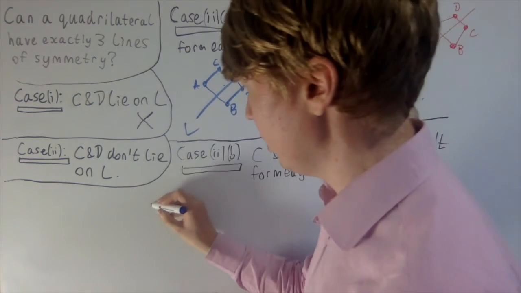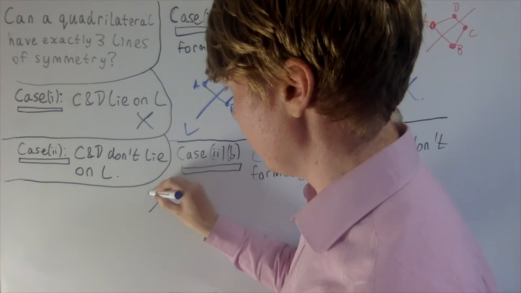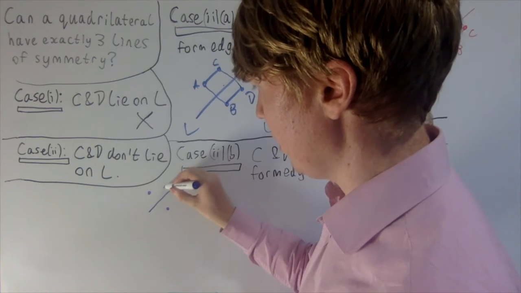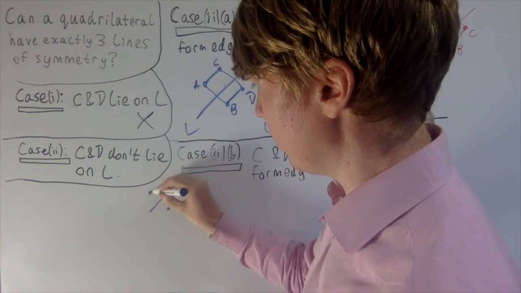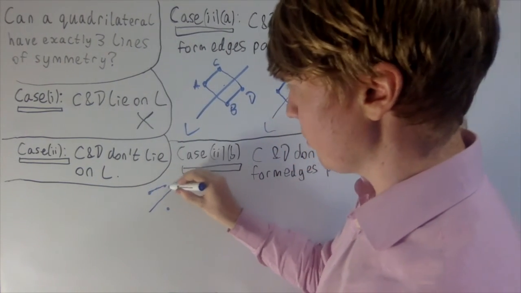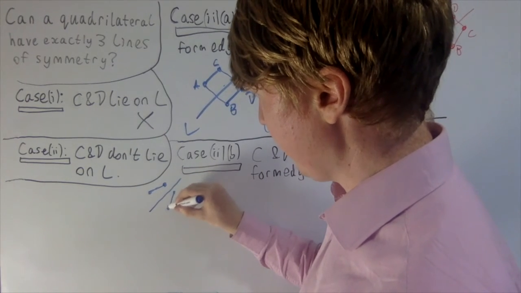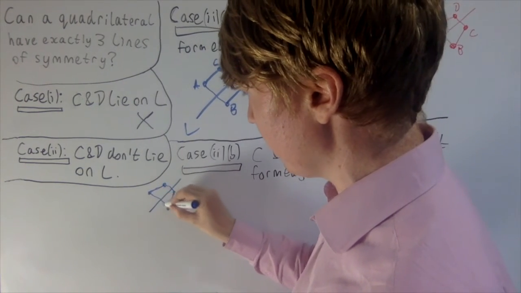Let's draw another one. You've got your A and B down here, and then maybe your C is here, so it's not forming an edge which is parallel to the line of symmetry L. And then your reflection D will just give you the same picture.